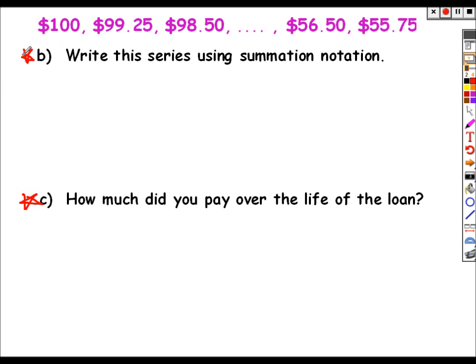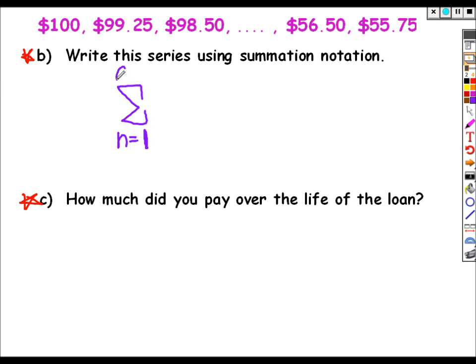So if you direct your attention to this first question, let's write this as a series using summation notation. So pause the video, see if you can think of what that summation notation would look like. So hopefully use the sigma. I'm starting at month 1.